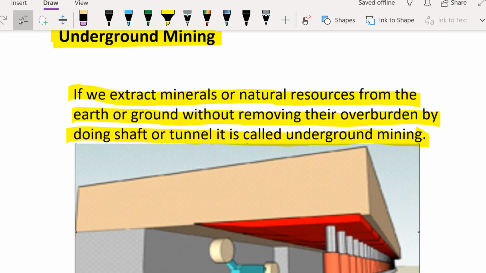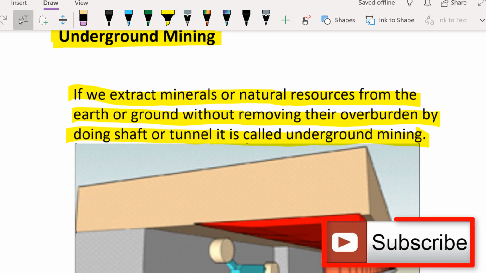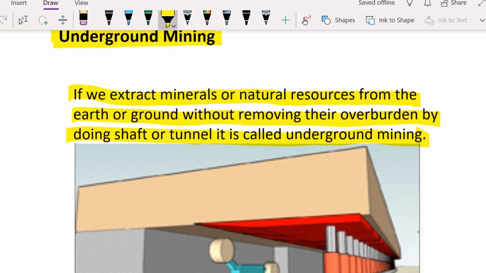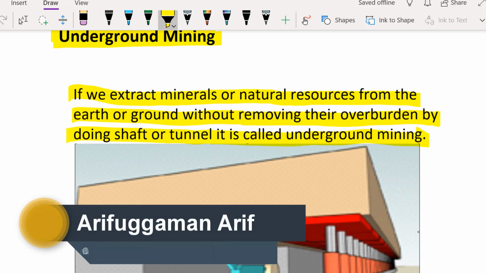Now you can also ask me why we would choose underground mining. The first reason is if we find any minerals or deposit very far away from the surface, then we can do underground mining.